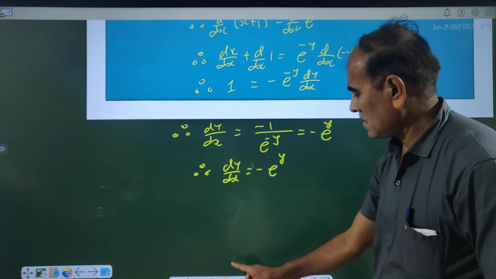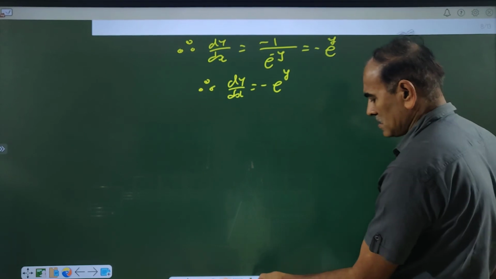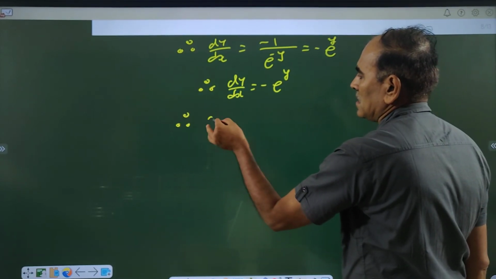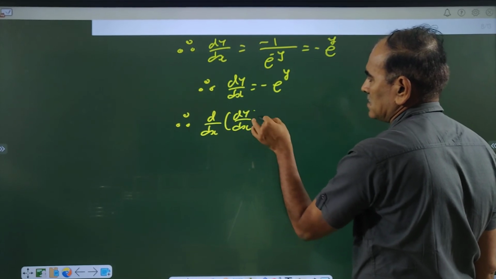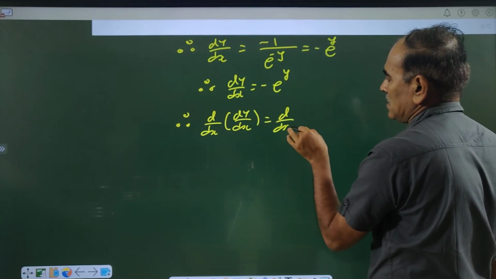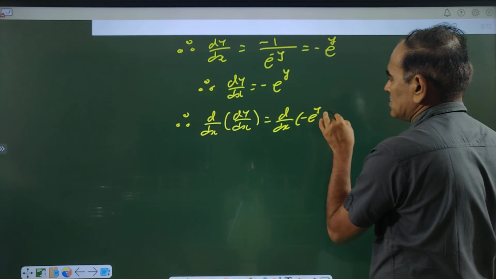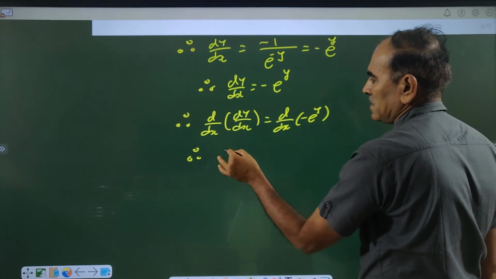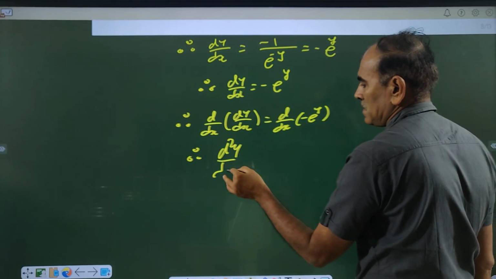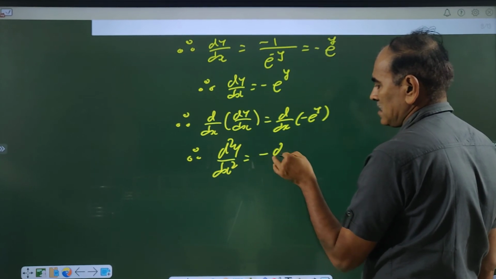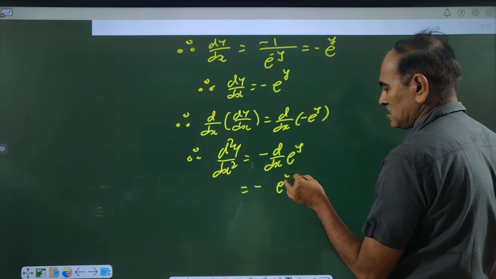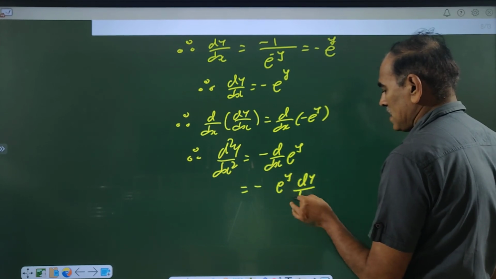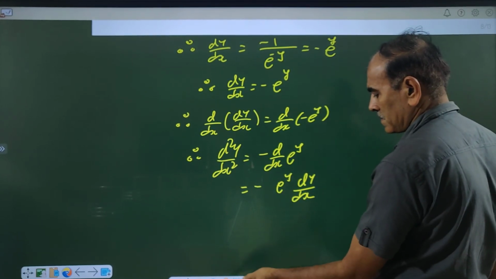Once again differentiate it. And therefore d by dx of dy by dx is equal to d by dx of minus e raised to y. What we get here? d2y by dx2 is minus of d by dx of e raised to y, minus e raised to y into d by dx of y.